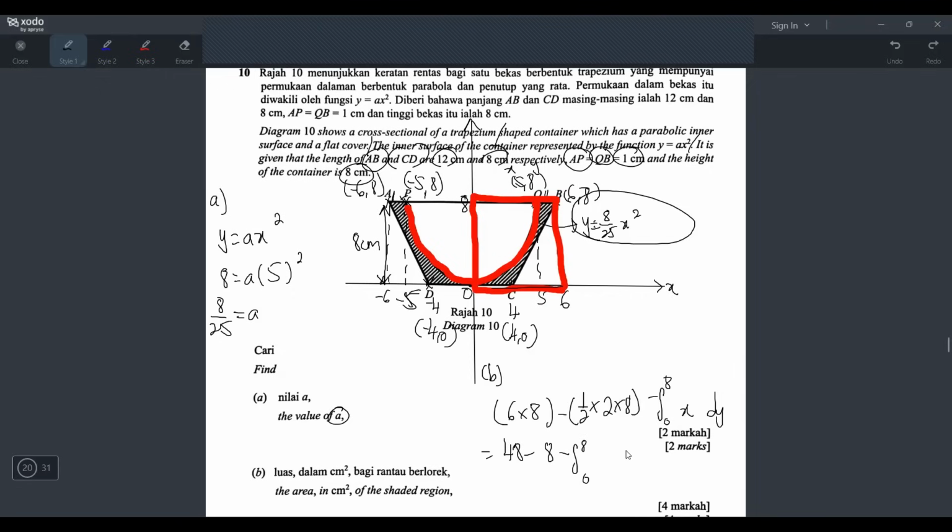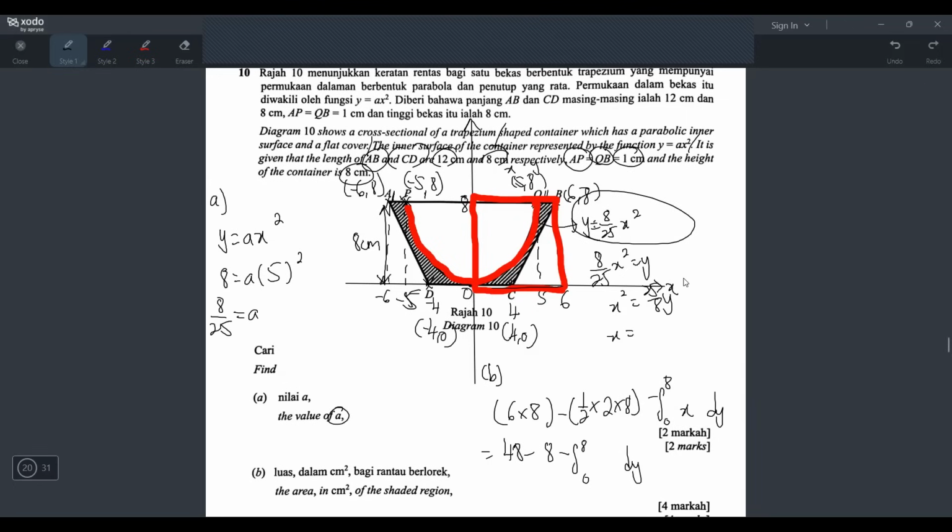And then the x later I have to substitute with the equation of the curve. Okay, but this one is 8 over 25 x squared. So how? We can rearrange a bit. So 8 over 25 x squared equals y. x squared equals 25 over 8 y. x equals square root of 25 over 8 y.